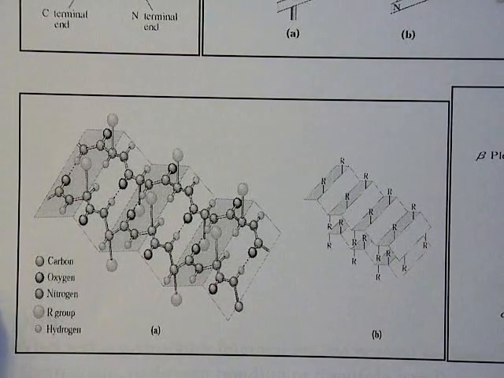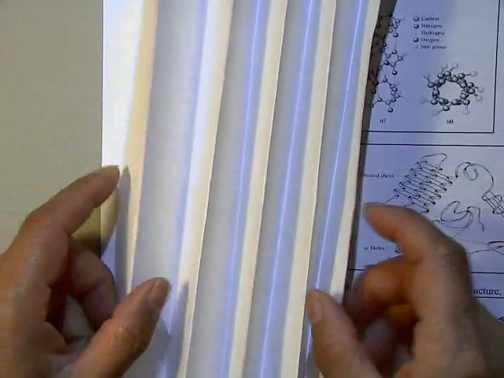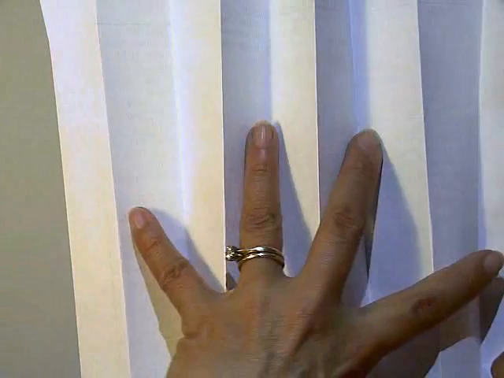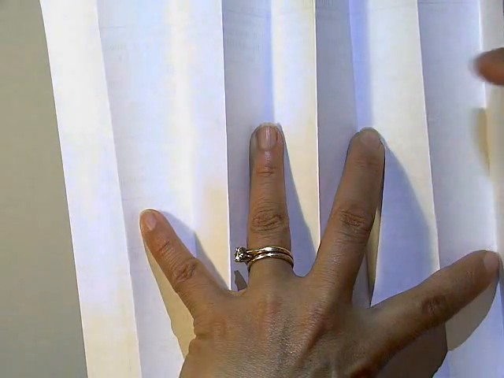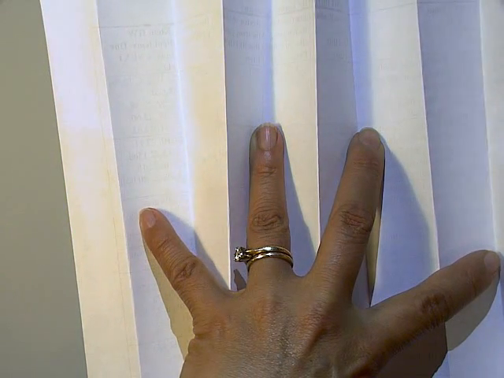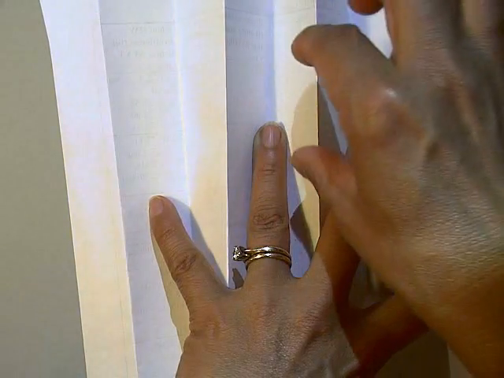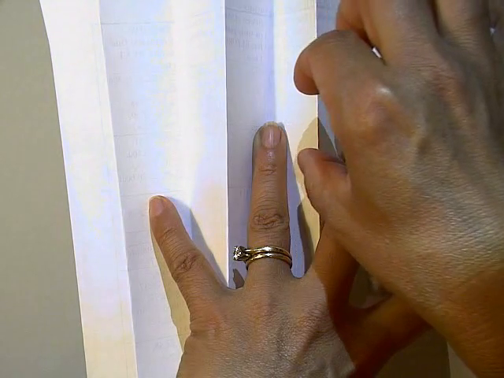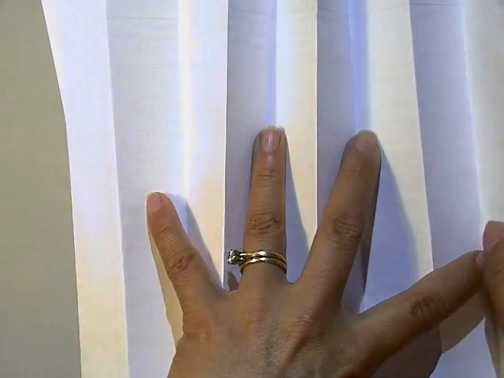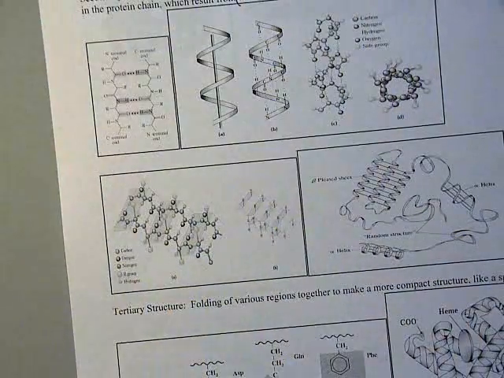They kind of look like a fan. I made one for you to illustrate. Pretend that in this beta sheet there is a long chain going this way, and it could wrap around and come around like this, or it could be another chain altogether, but they are attracted to each other by the hydrogen bonding between the chains in this way.